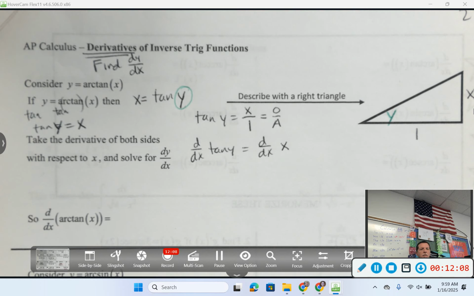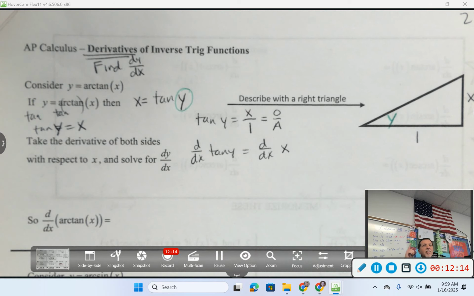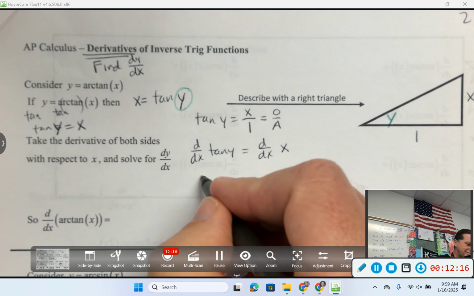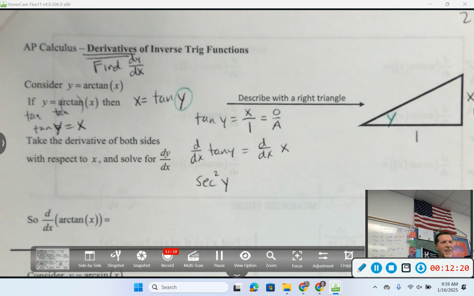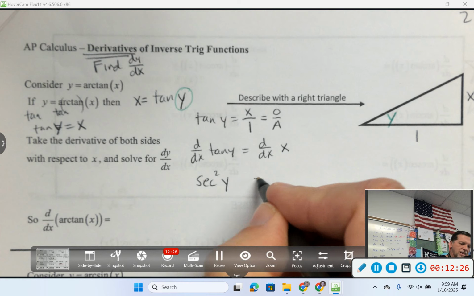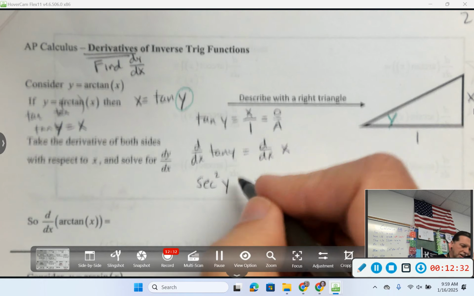Okay, what's the derivative of tangent? Secant squared of y. But that's not enough. Not plus c, that would be inverse derivatives. Times dy/dx.